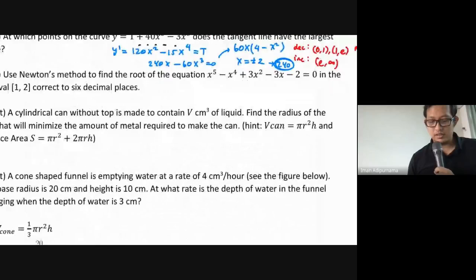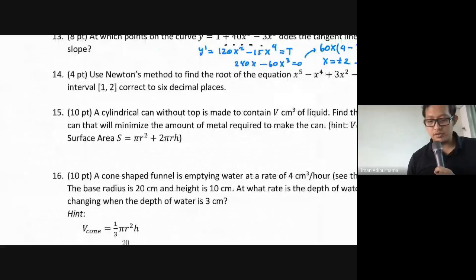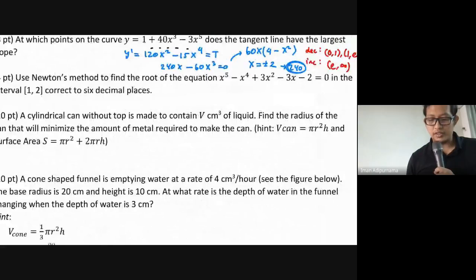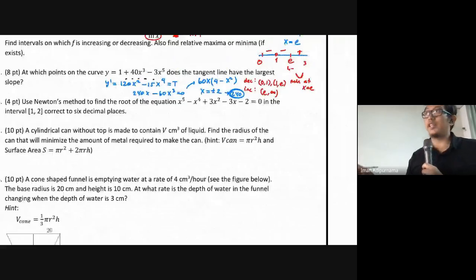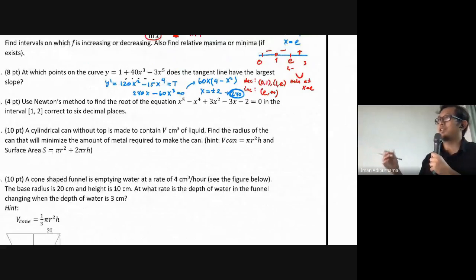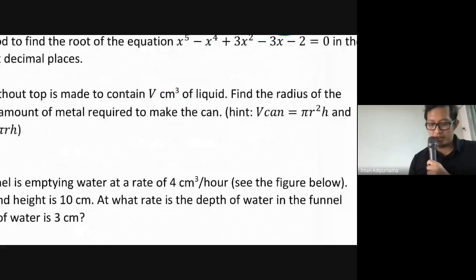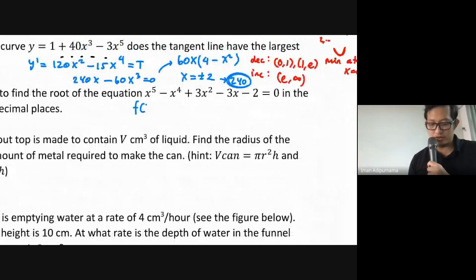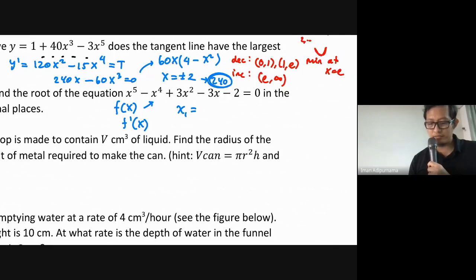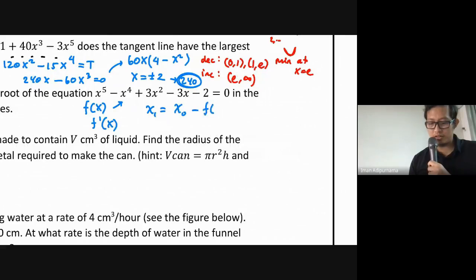Newton's method. Basically, these questions you need to use the calculator to find. But I promise you, there is no need for a calculator. All the numbers should be easy to compute. So finding the Newton's method, f(x) is this. Find f prime x, and use x1 equals x0 minus f(x0) over f prime(x0).